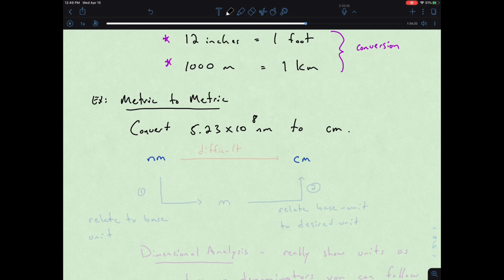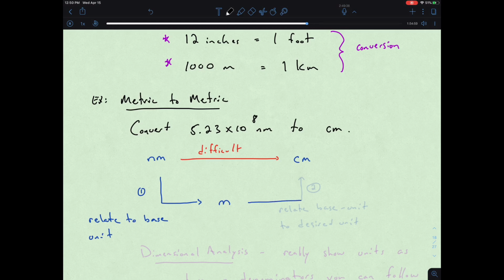And while this process is difficult going from one directly to the other, something that's easier is relating it first to the base unit, and our base unit here would be meters.